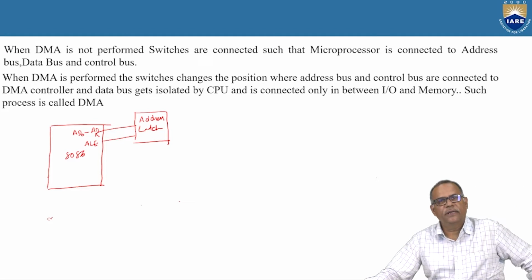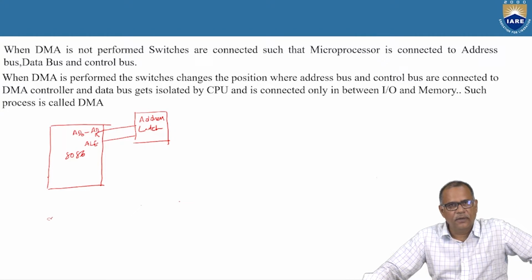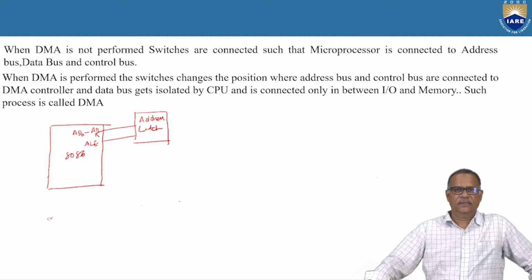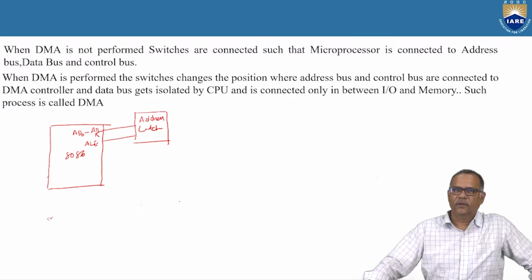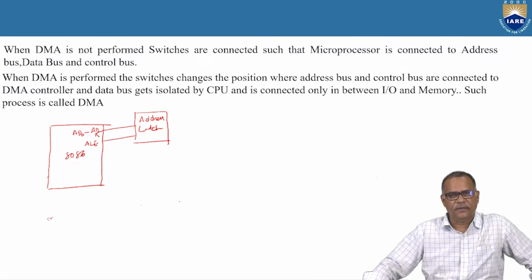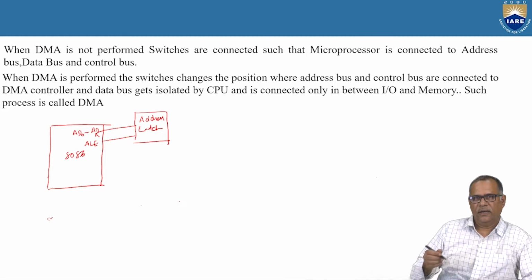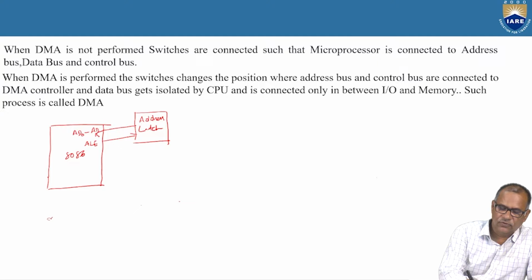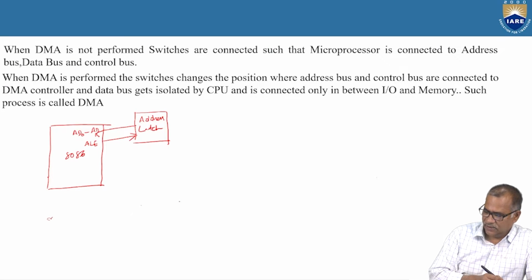You know that AD0 to AD15 are time-multiplexed lines: during T1 the address is available on these lines, and during T2, T3, T4 data is available on these lines. So during T2, T3, T4 the same lines are used for the transfer of data. When the address is available on these lines, the ALE signal goes high, and this is used to latch the address into the address buffer registers.